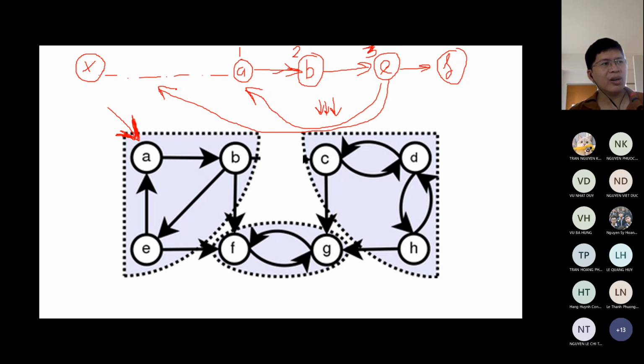Do you agree that when we have the path, we have a loop? Yes or no, everyone? Is it clear?